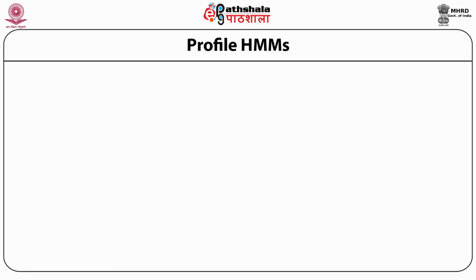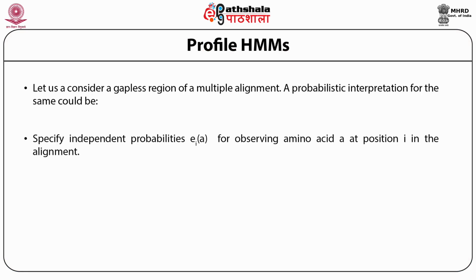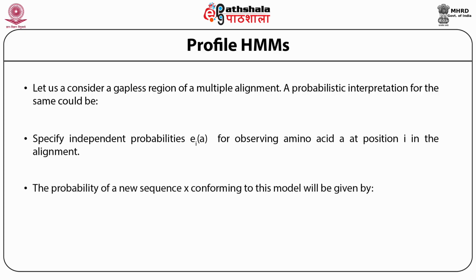So let's start with a gapless region of a multiple alignment and let us try to make a probabilistic interpretation. So again, I can define the probabilities e_i(a) for observing amino acid a at a position i in the alignment. So the probability that a new sequence x which conforms to this model, that is P(x|M), will be the product of all of these e_i's for all of these positions that I have.